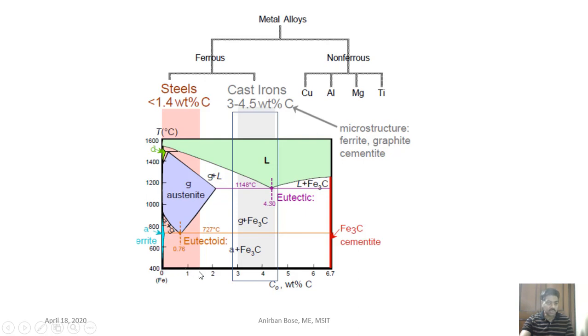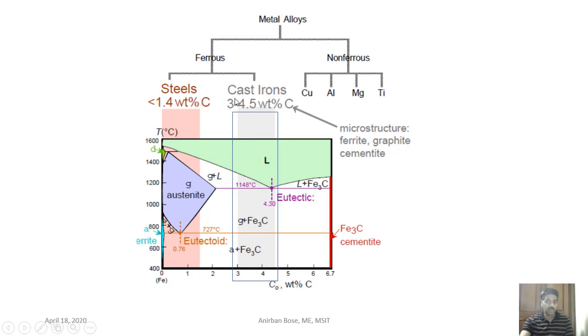To be very specific, up to 1.4% is basically steel, but 1.4 to 2% is ultra high carbon steels, which are of very limited use, for experimental purposes. This kind of special structure can be formed, but the commercially available steel that we mostly use is in the range up to 1.4% carbon.